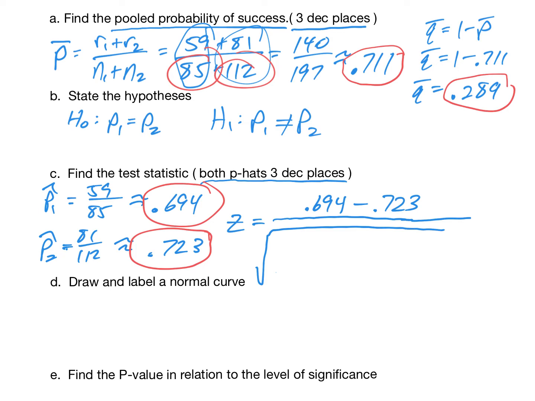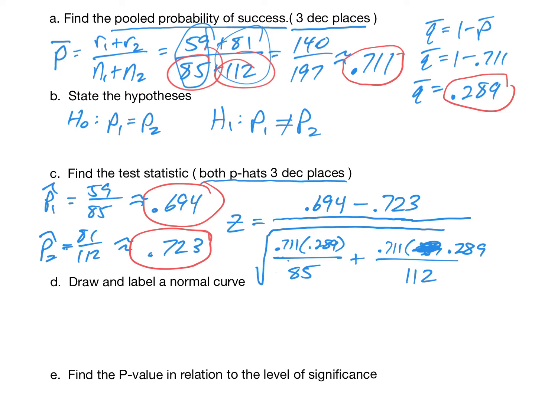Remember, it is P bar, which is 0.711, times Q bar, which is 0.289, over the first N, which is 85, plus the same two numbers, 0.711 times 0.289, over 112.